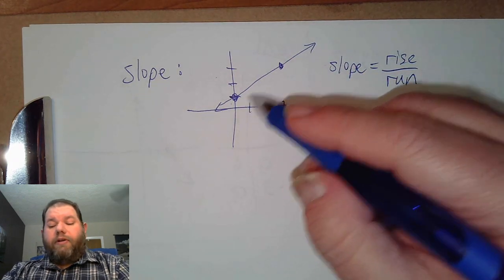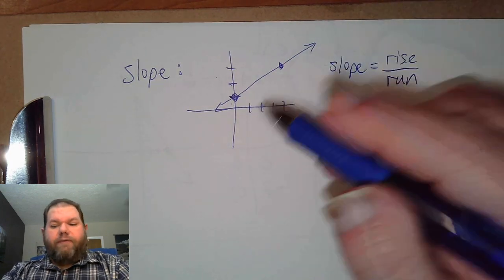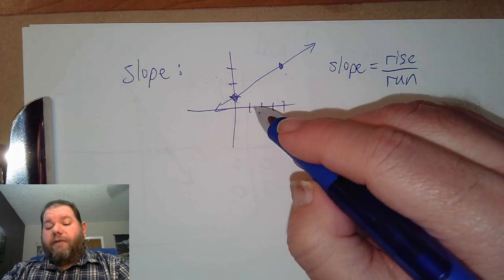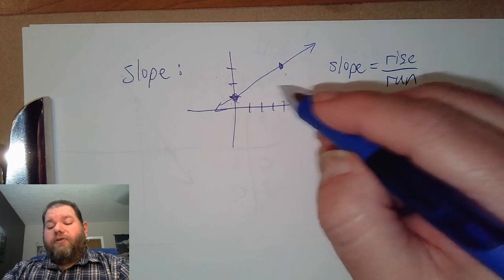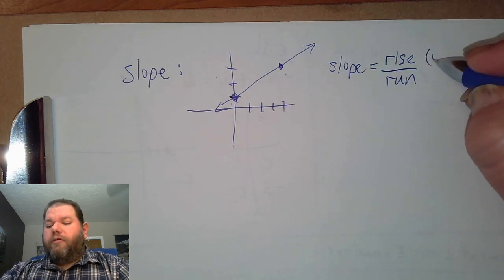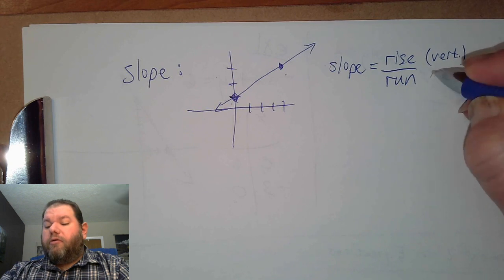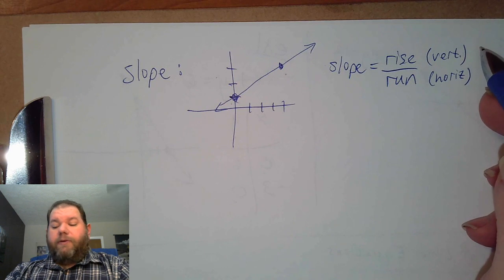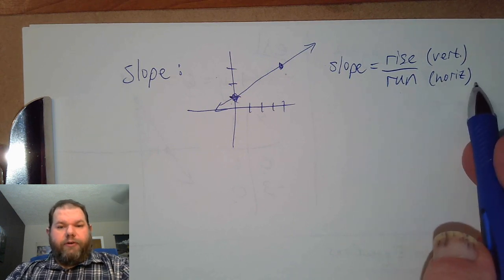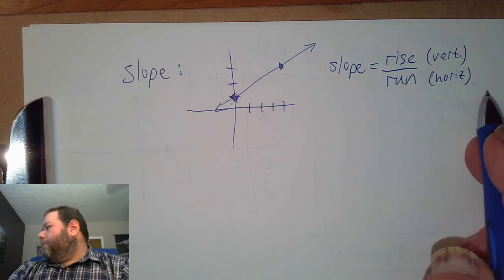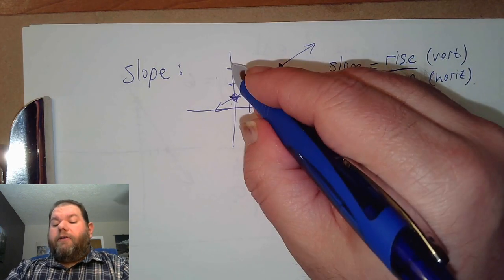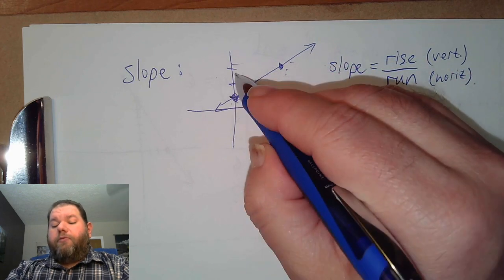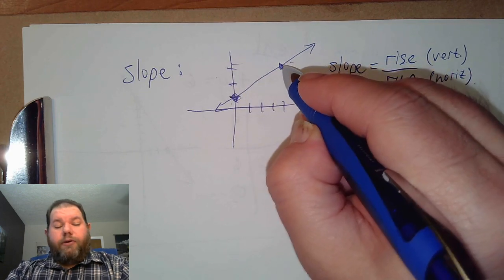Going from one point to the next, and generally we look at it from left to right. From this point to this point, how much has the graph risen vertically versus how much does it run horizontally? So when we talk about rise, it's a vertical measurement. And when we talk about run, it's a horizontal measurement. So rise over run. So to get from here to here, how far up do we go? And then how far over do we go?